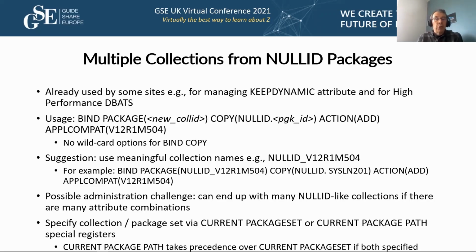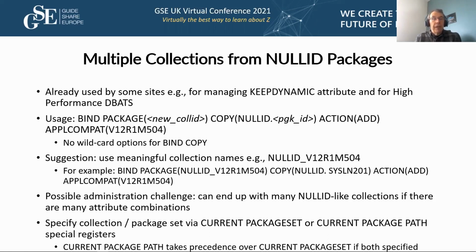Bear in mind, of course, that the APPLCOMPAT level must be less than or equal to the current function level. You'd have to do that on a package by package basis because there are no wildcard options for bind copy. So you've got to do a specific bind for each package, but there aren't many of them, so it's not a particularly onerous task.